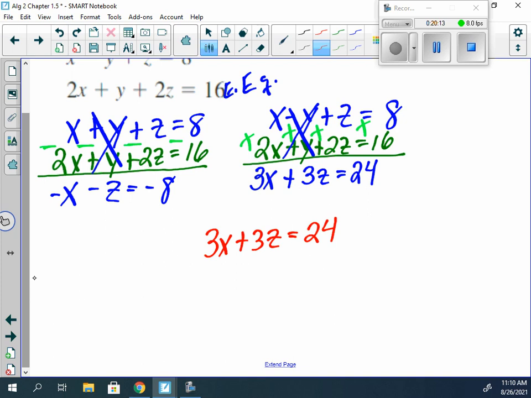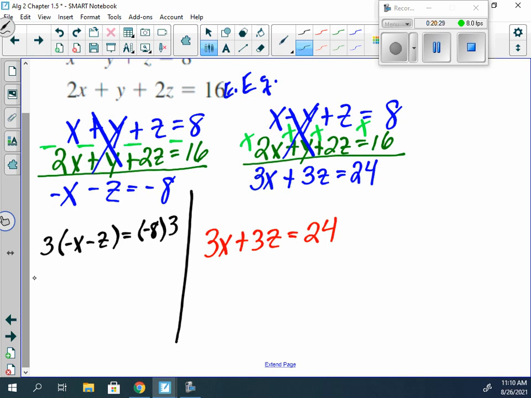So that means with this other equation, we're going to multiply everything by 3 so that the values in front of z will be the same. They'll both be 3.